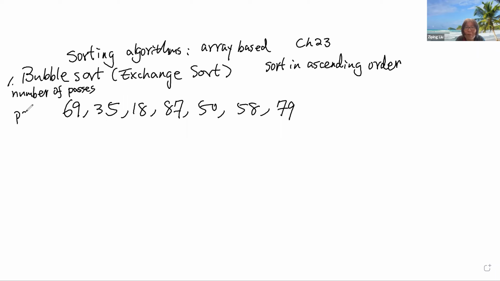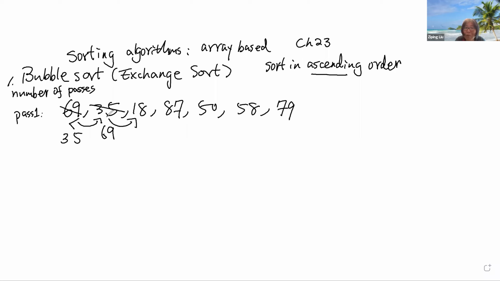In the first pass, we are going to do pair by pair comparison. So I compare these two. Because 69 is greater than 35, and we are sorting in ascending order, I need to switch those two numbers. So here is 35, then this is 69.